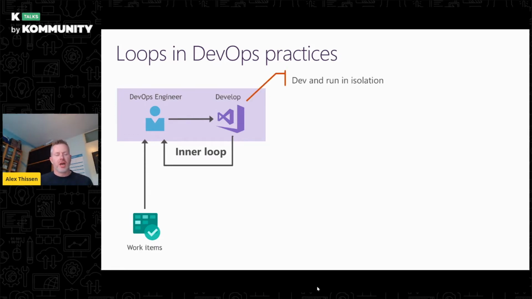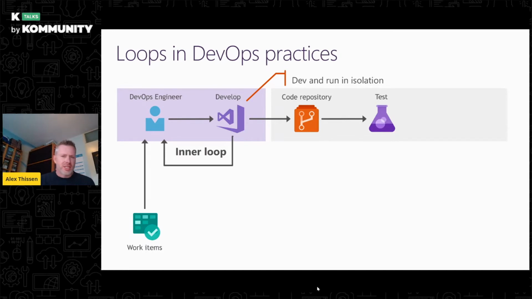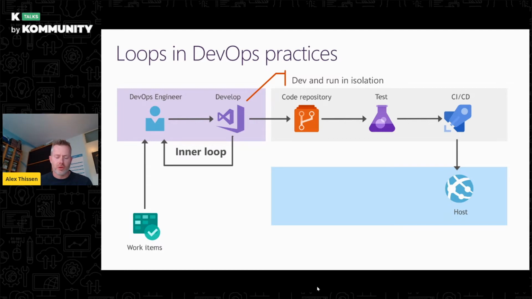Normally, after you've done that in isolation, you check into the code repository, and depending on your setup, tests will run as part of your continuous integration and continuous deployment. Mostly there are pipelines involved, and depending on stages and other things, eventually you'll end up in the host environment where you will be hosting your application.